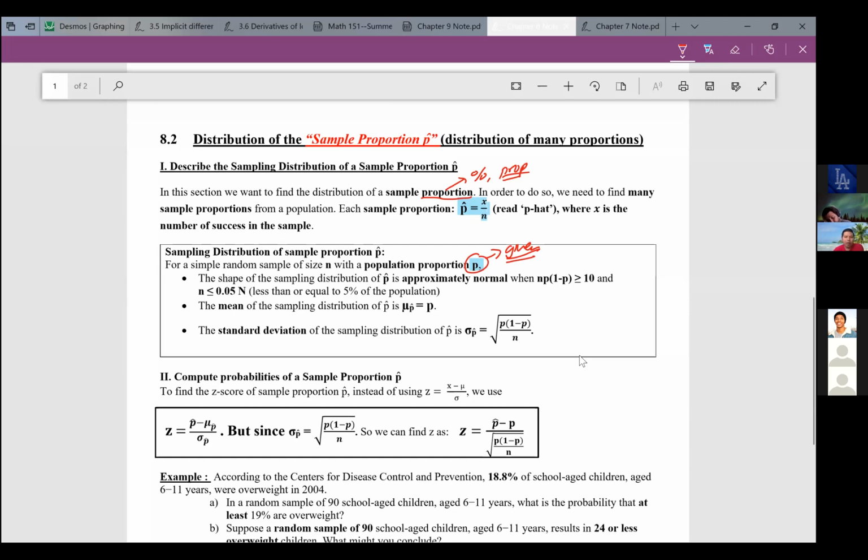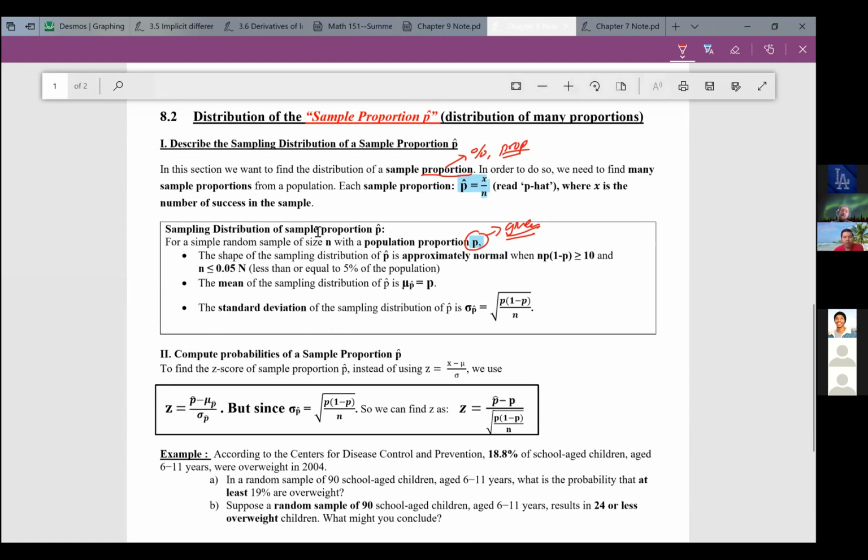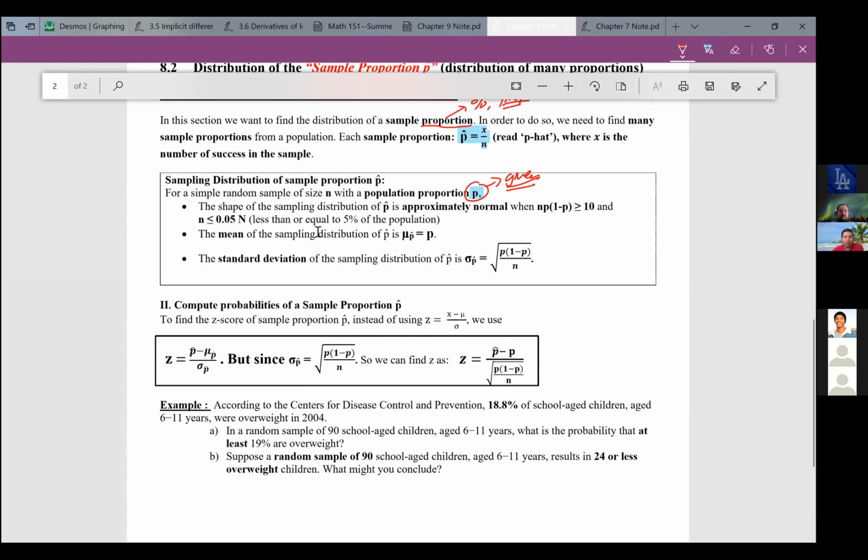Now we need the mean and the standard deviation, because in order to convert to a z-score, we need the mean and the standard deviation. For the proportion distribution, there is no difference. The mean will be the same as the population's proportion, so mu of p hat equals p.